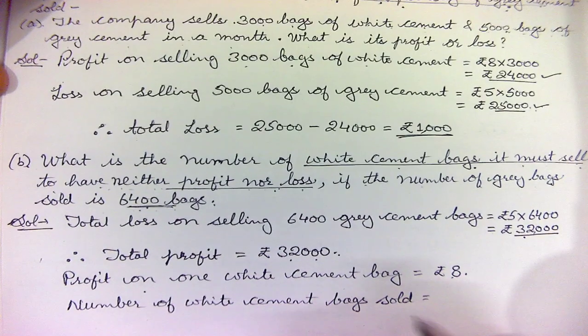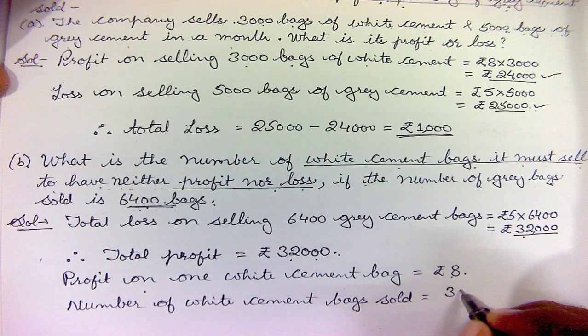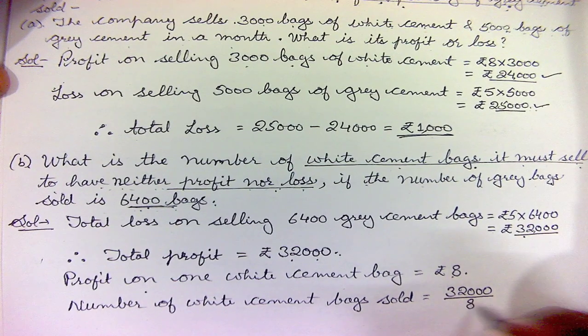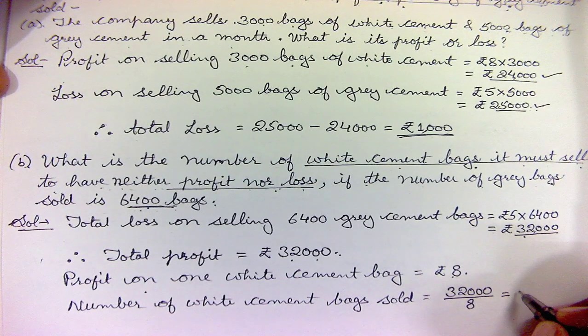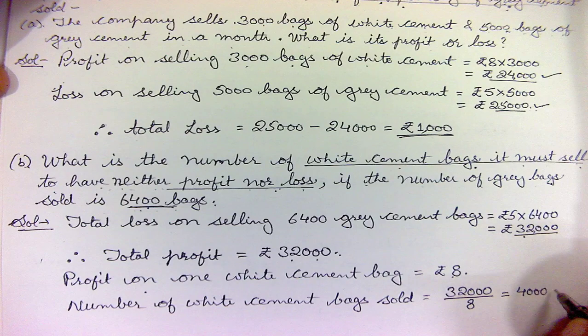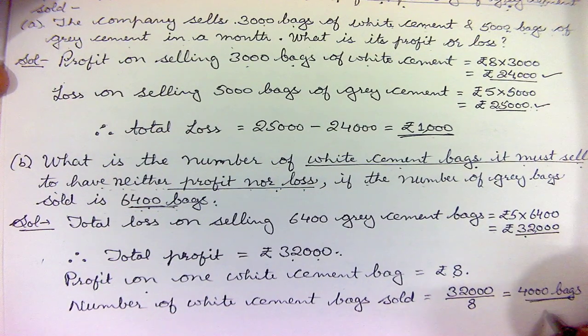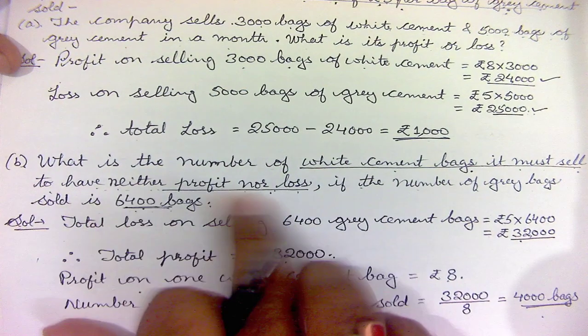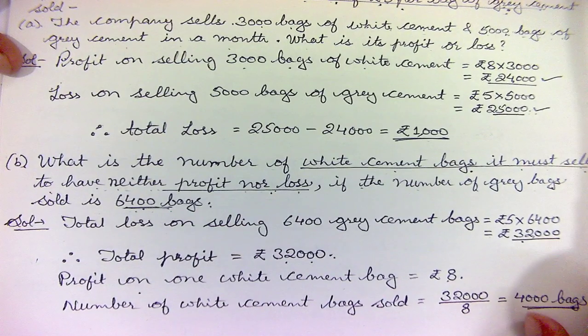So total number of bags will be equal to 32,000 divided by 8. And when you divide 32,000 by 8, you get 4,000. So how many bags of white cement will be sold? 4,000 bags of white cement will be sold, so that there is no profit, no loss.